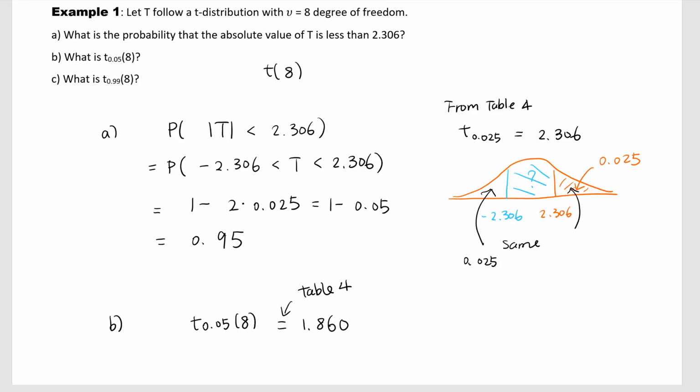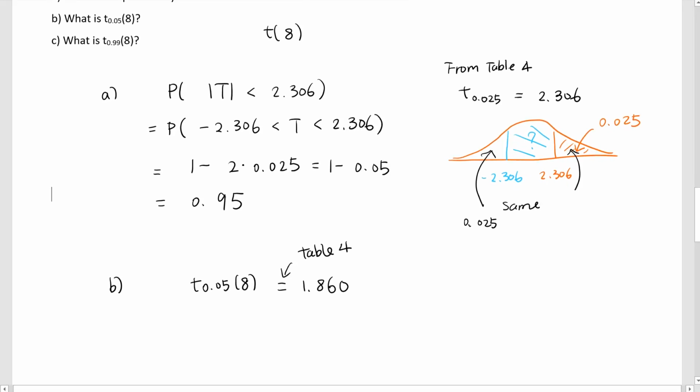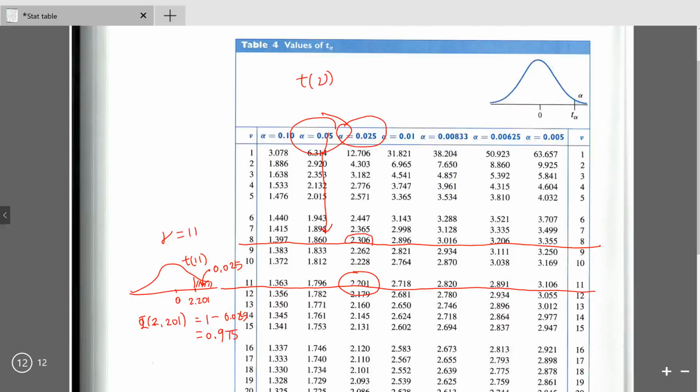Alright, so I actually just added a part C. Sometimes when I'm teaching I think of something new that I want to add and talk about more. So part C, what is t.99 of 8? Let's look at our table. You want to find alpha as 0.99, but do you have alpha as 0.99?